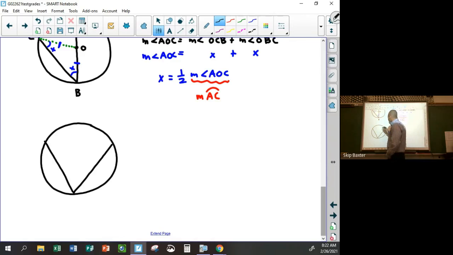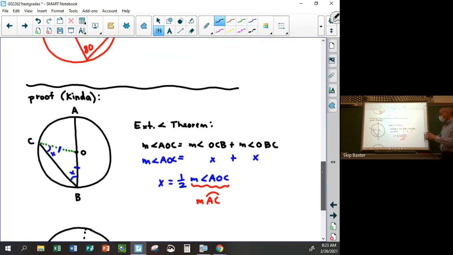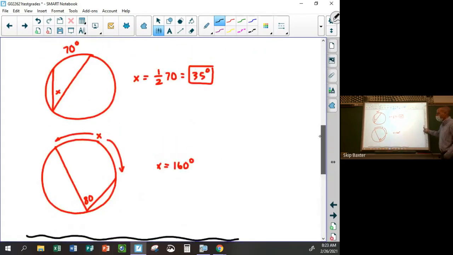Well, you could just draw in the diameter like that and say, well, this angle is half of that arc, and this angle is half of that arc, by this thing we just proved up here. So therefore, the whole thing has to be half of that arc. That makes sense, right? It's just sort of like the extension of arithmetic. This is half of that, and this is half of that, then this has to be half of that. But hopefully you're convinced I'm not doing magic.